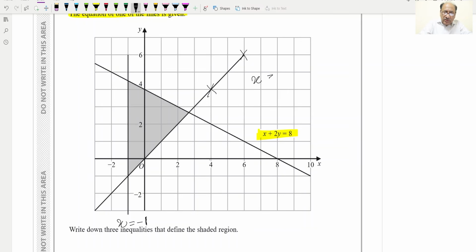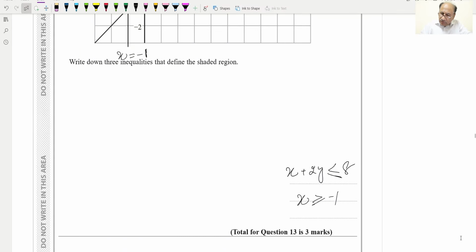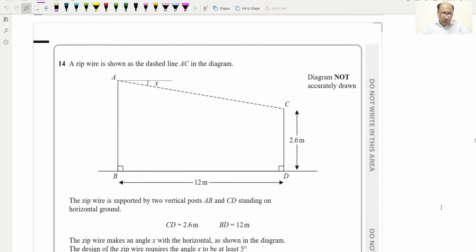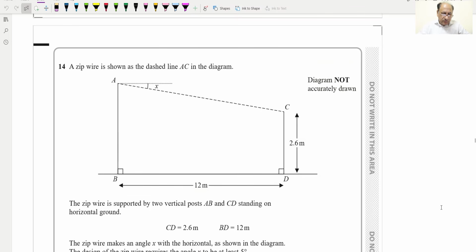So y is equal to x, and the upper portion is shaded, so we write y is greater than or equal to x. These are the 3 inequalities required, and this is for 3 marks. Hopefully you understood this. Now this is also a very interesting question.